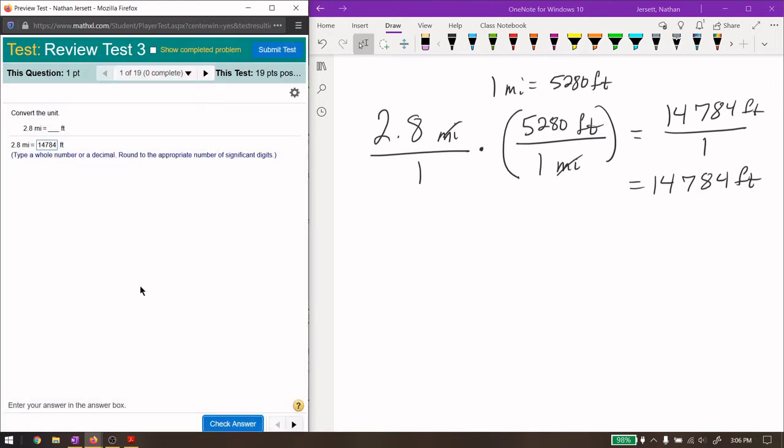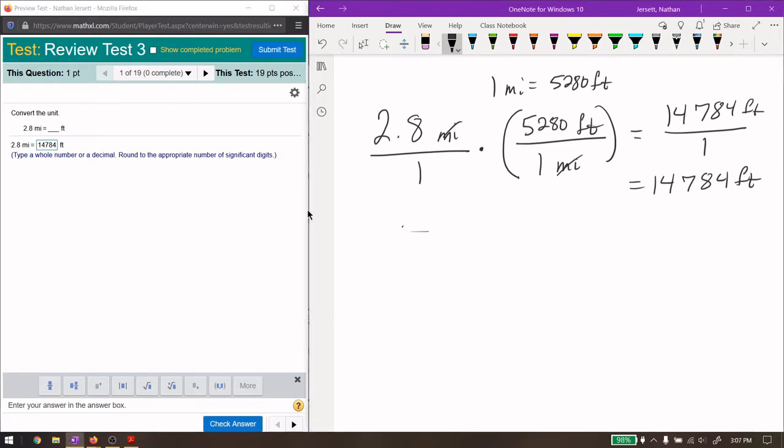Oh. So the problem here is that it says round to the appropriate number of significant digits. The original problem is 2.8 miles. So we have 2 digits that are non-zero.